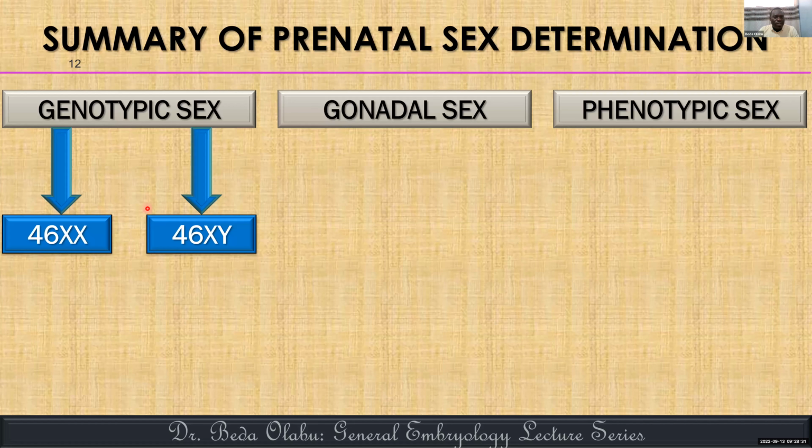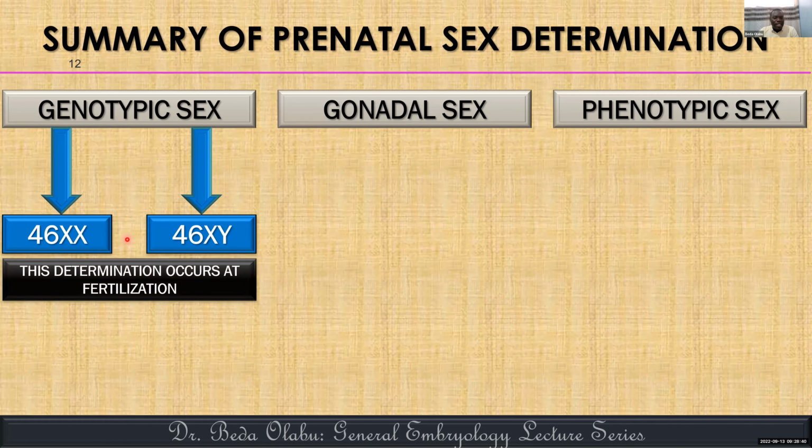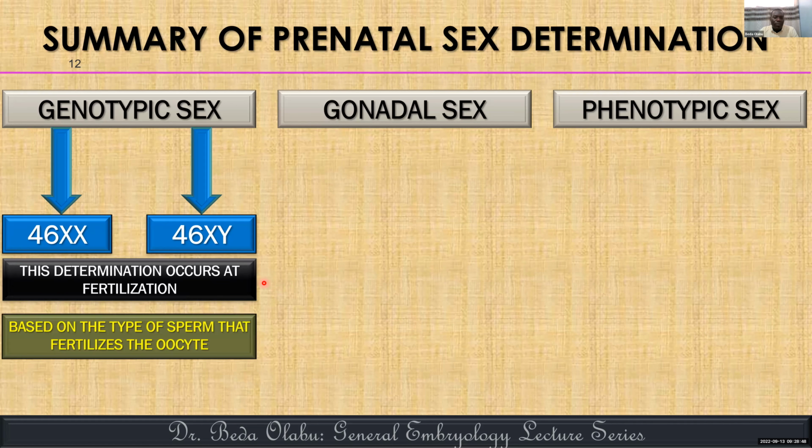The big question is, at what point is the genotypic sex really established? The genotypic sex is determined at fertilization. It depends on the type of sperm that fertilizes the oocyte.